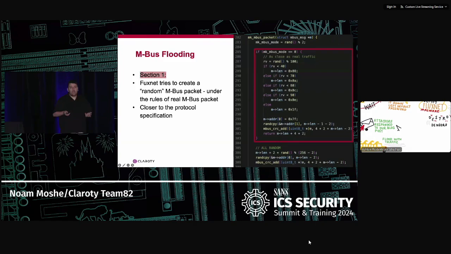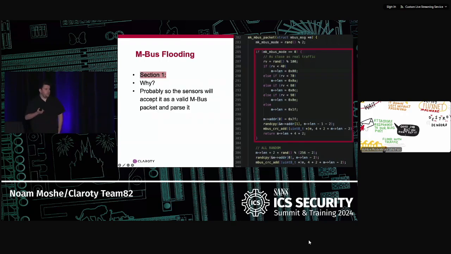And in section 1, we see that the attackers try to create a MeterBus packet that is random. However, their randomness is not complete. We see that in a lot of fields, they do put valid MeterBus data. Now, their job was to create random MeterBus packets, however, still be as close to the protocol specification as possible.